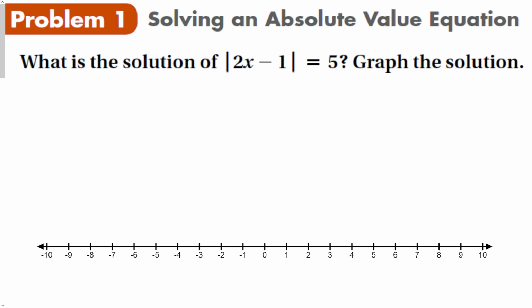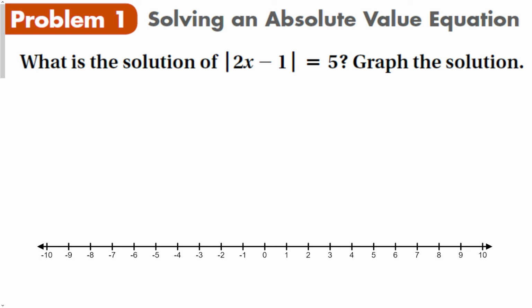Let's look at this one first. What's the solution of the absolute value of 2x minus 1 is equal to 5? Before we start, we ask: is the absolute value term by itself?